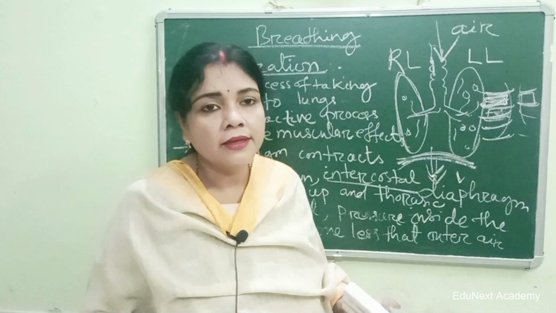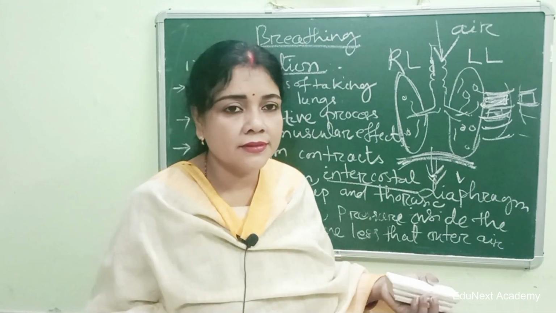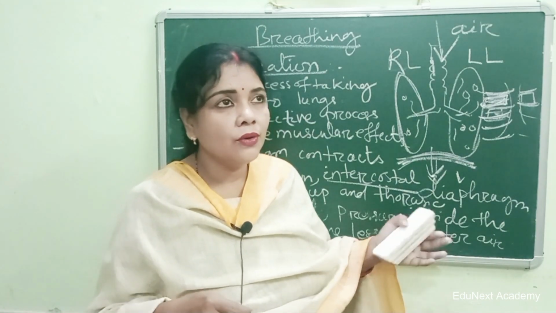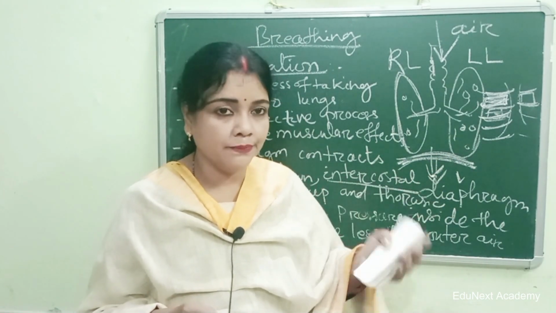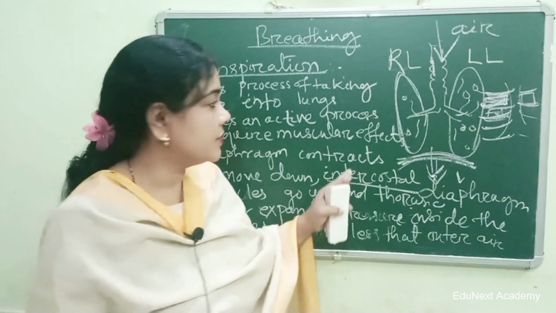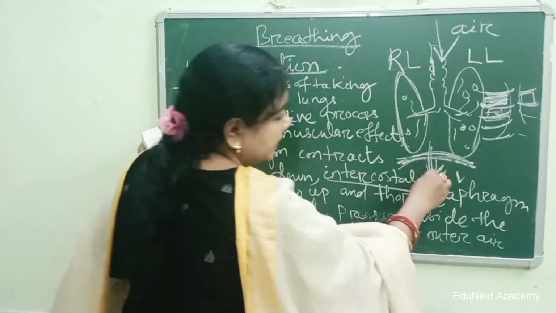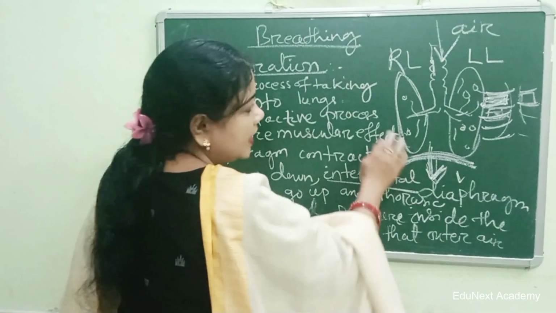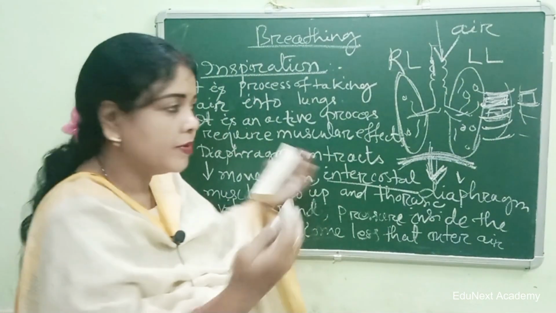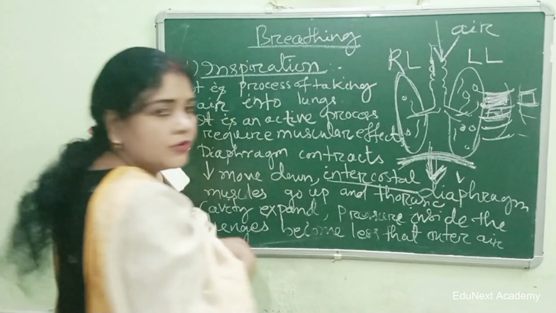So you know that whenever a cyclone happens, meaning a low pressure area, high pressure air comes in. Similarly, it happens in our body also. Whenever our diaphragm contracts, simultaneously our thoracic cavity expands due to expansion of the intercostal muscles.